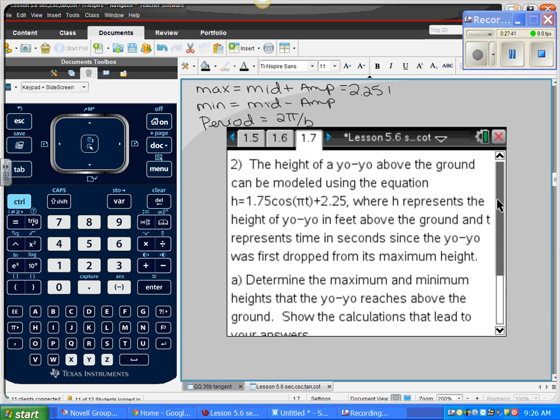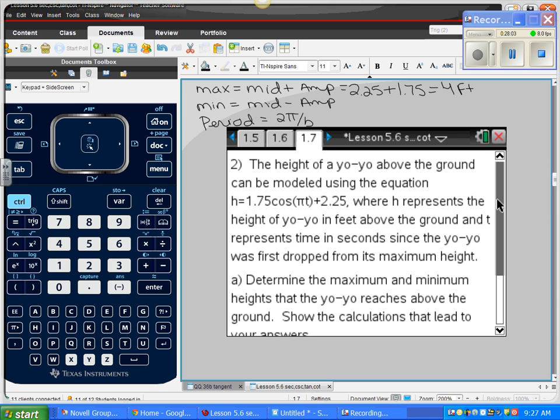2.25, yeah. What's my amplitude? What's that equal? For what? Feet, yeah. Great. So my maximum height is 4 feet above the ground. Okay?